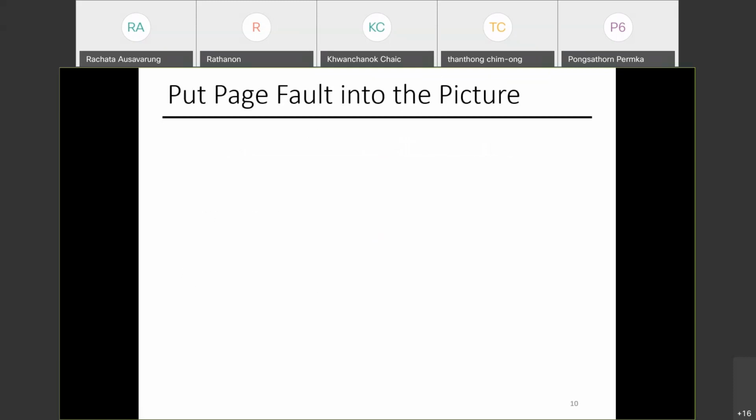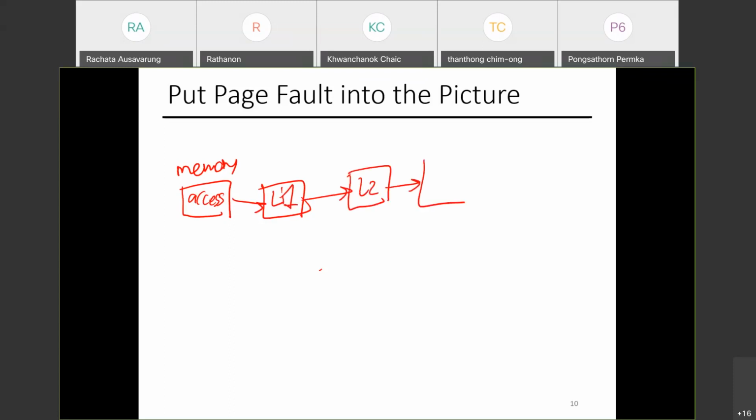And I'm going to try to draw it as simply as I can, right? So you have a memory access that wants to either load or store something into your DRAM. The first thing you do is go to the L1 cache, then the L2 cache, and then DRAM.